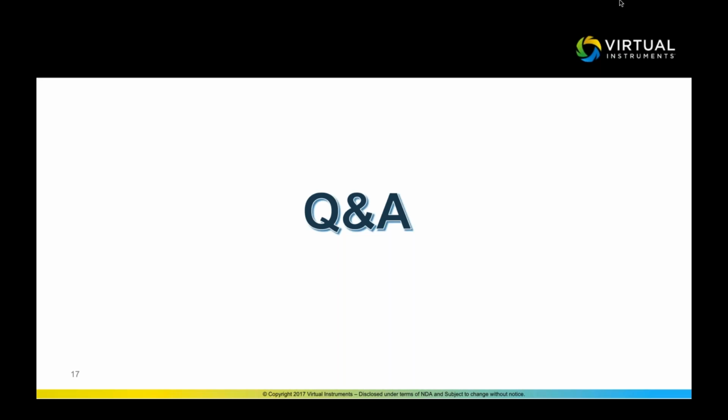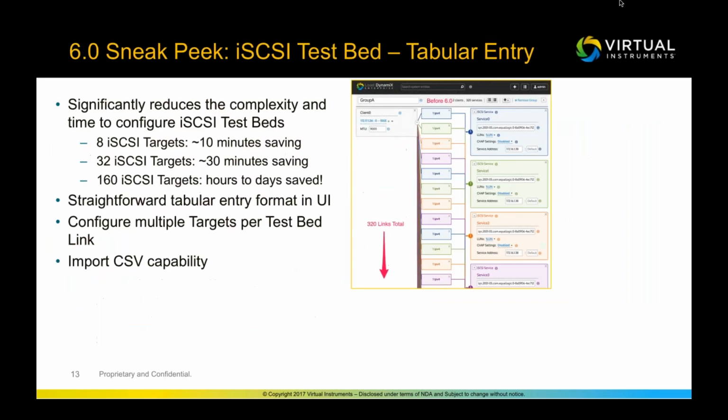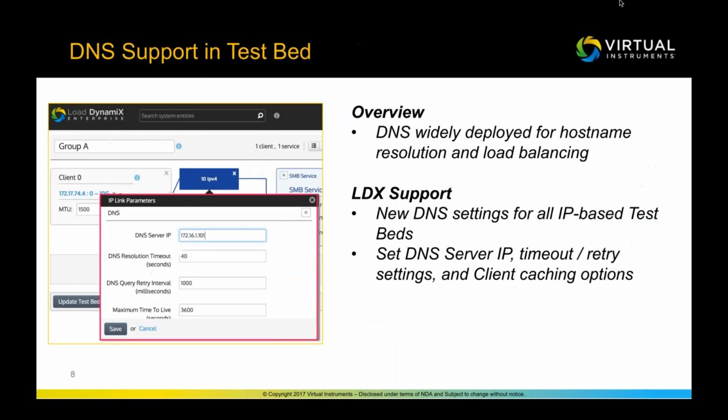Okay, great. We have another question. What do you mean by client caching options from the DNS test bed? Or can you give an example of how it works? All right, so let me go back to that slide here. So I think this is what I call the client caching options here.